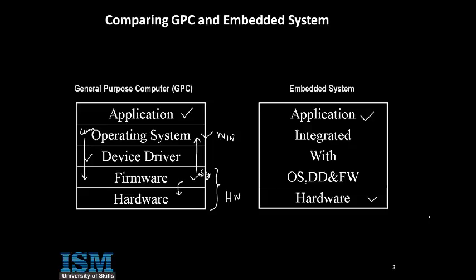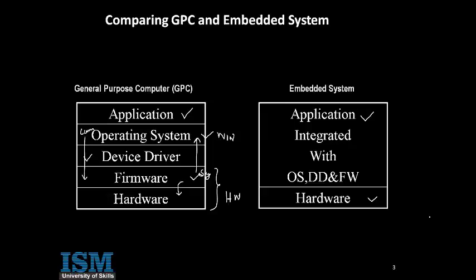Your system may be a complex system having many software and hardware resources. Then we cannot manage them manually, so we go for an operating system. You want an operating system? Get the kernel source code of the OS and integrate it with the application. This OS kernel source code should be a part of your application.